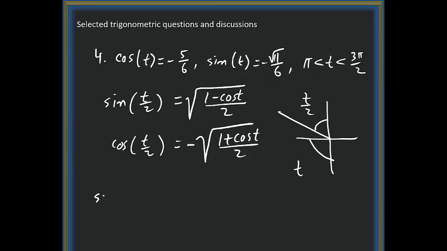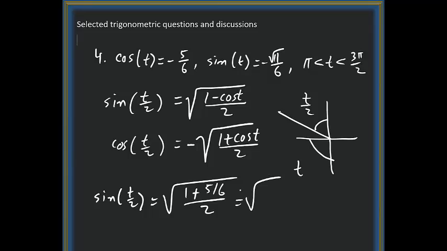So then you see sine t over 2 will be square root of 1 minus, and then you have a minus here. When I plug this, that will be plus 5 over 6 over 2. When you further simplify, you will see this one coming out as 11 over 12. So that is your sine t over 2. You can do this simplification inside.